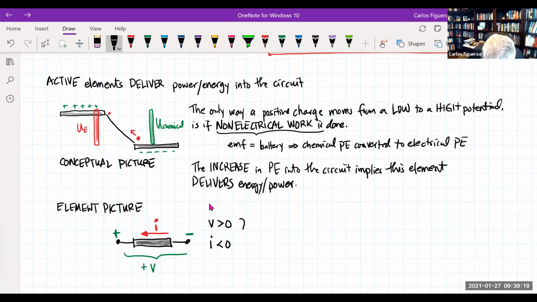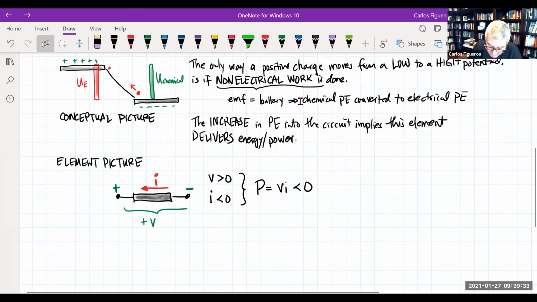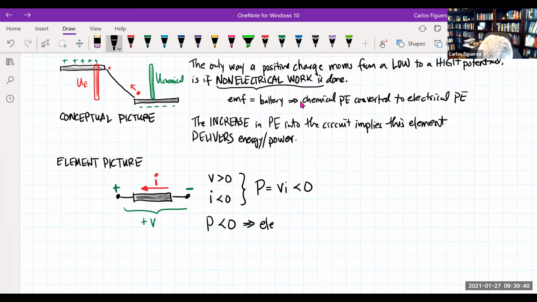So when I look at the power here, if I multiply V times I, you're going to see that this is negative. So then, using the same language that I used up here, if the power is negative, then that means that the element is active.